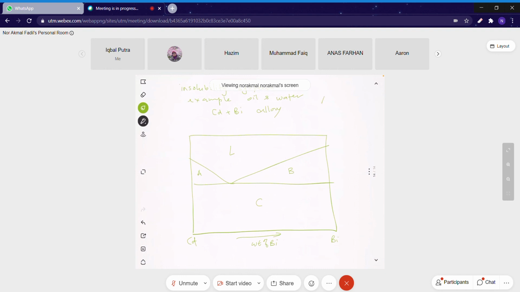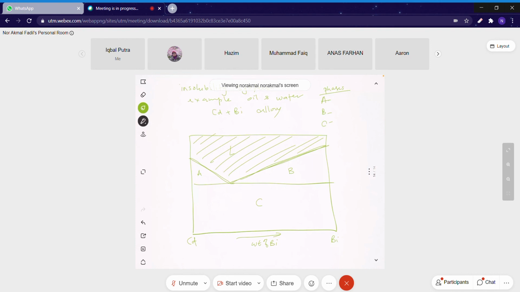What is the answer for regions A, B, and C? Anyone? Solid. Solid what? Of course, solid, because liquid is only observed above this line. This is the only liquid that we can observe. A, B, and C, there's no more liquid.